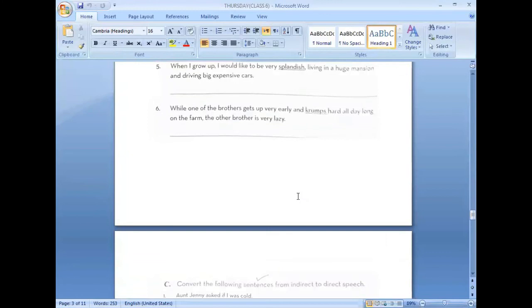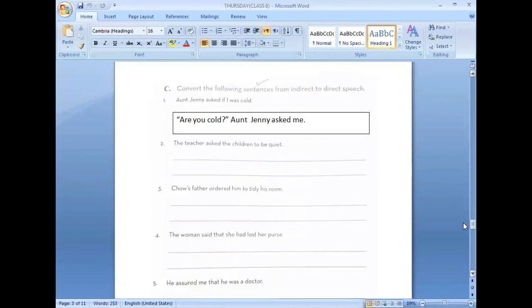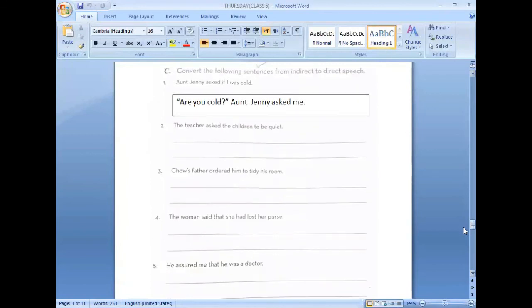Then in your grammar portion, you have page number 16 and 17. On page number 17, there is exercise C, in which you'll convert the following sentences from indirect to direct speech. Now, number 1. Aunt Jenny asked if I was cold. Here, Aunt Jenny is asking me if I am cold. So how is Aunt Jenny going to ask me this?